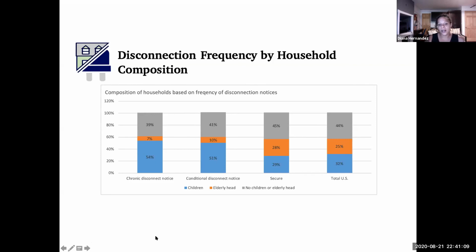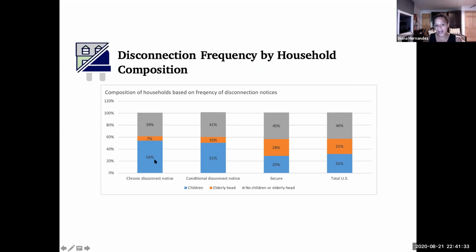Remember I was talking about these chronic energy insecurity scenarios where people are dealing with this almost every month versus those conditional qualities. Chronic disconnection notice are those households receiving disconnection notices almost every month, and conditionally it's just some months out of the year.